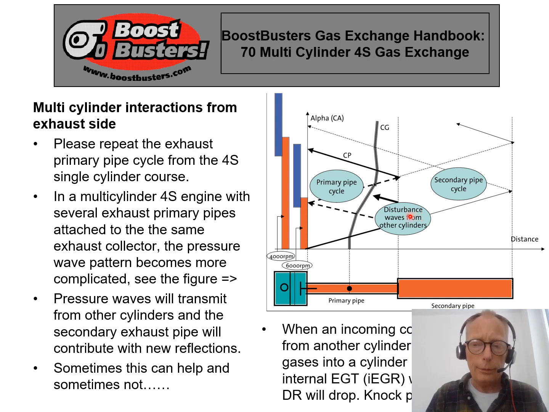So neighboring cylinders, especially those cylinders which are close to the cylinder in question when it comes to firing order, could send disturbances, pressure waves which were intended to join in the same collector and just transmit out through the secondary pipe. But when you have a compression wave coming from a neighboring cylinder, a fraction of that pressure wave will also go back to the cylinder in question and create disturbances.